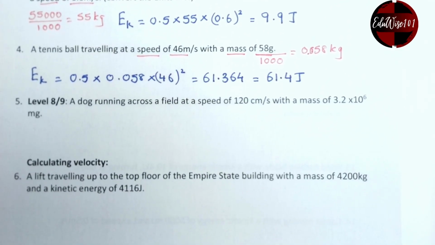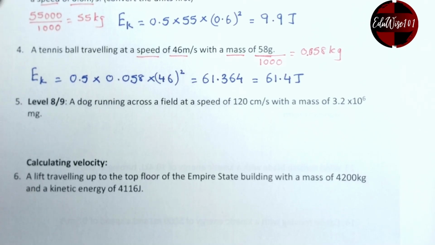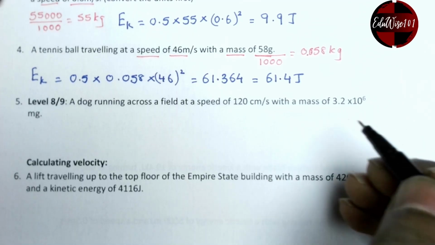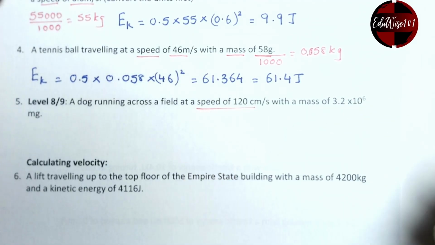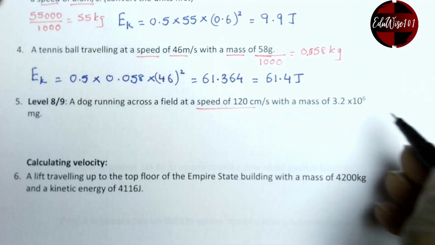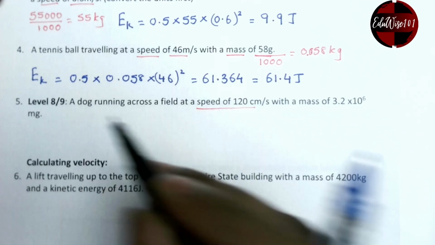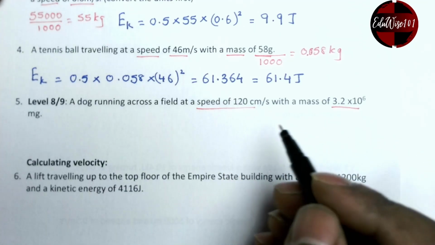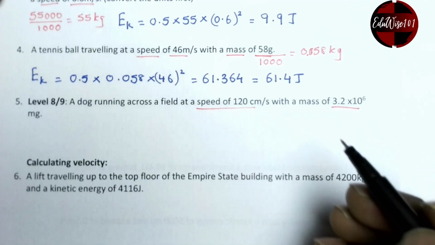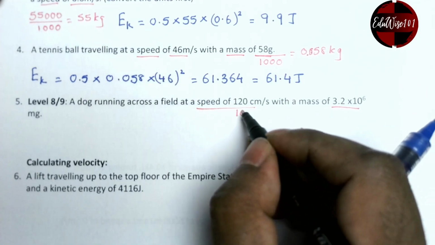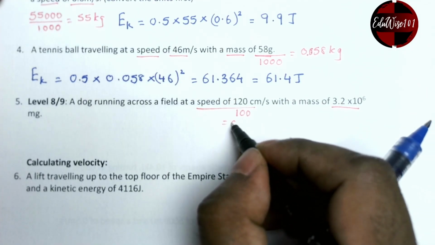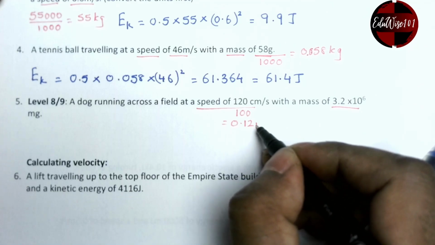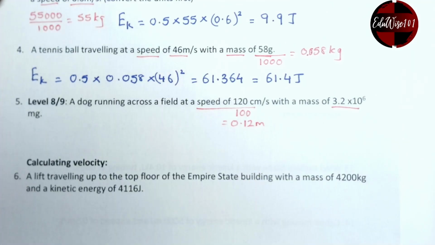Question number 5. A dog running across a field at a speed of 120 centimeters per second with a mass of 3.2 times 10 to the power 6 milligram. Now we need to do conversion for both of them. So first of all, let's convert the speed. 120 centimeters, if I divide that by 100, that will give me 0.12 meters per second.